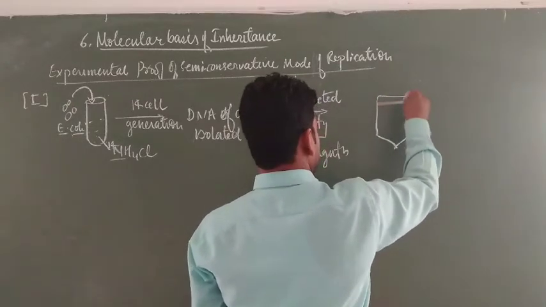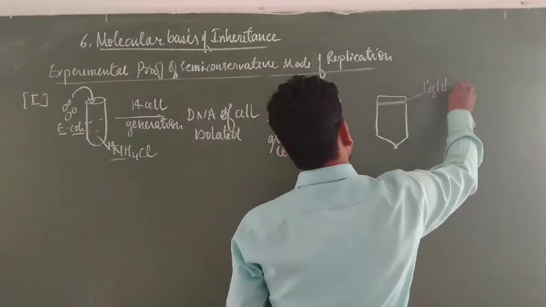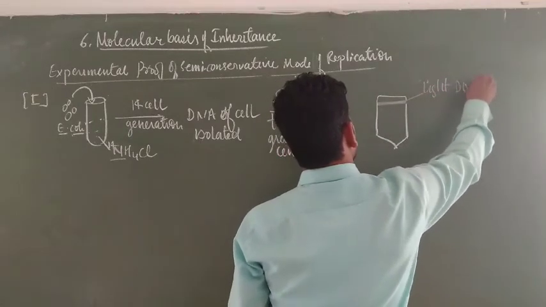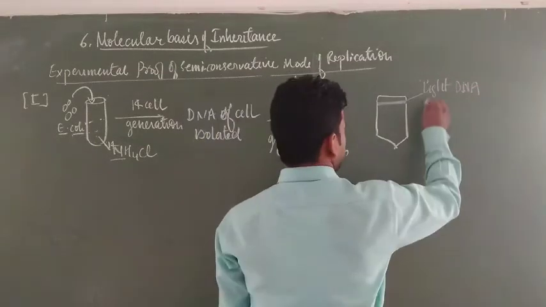Light band, because it is light, that's why it forms in the upper region. You can say light DNA and light band.